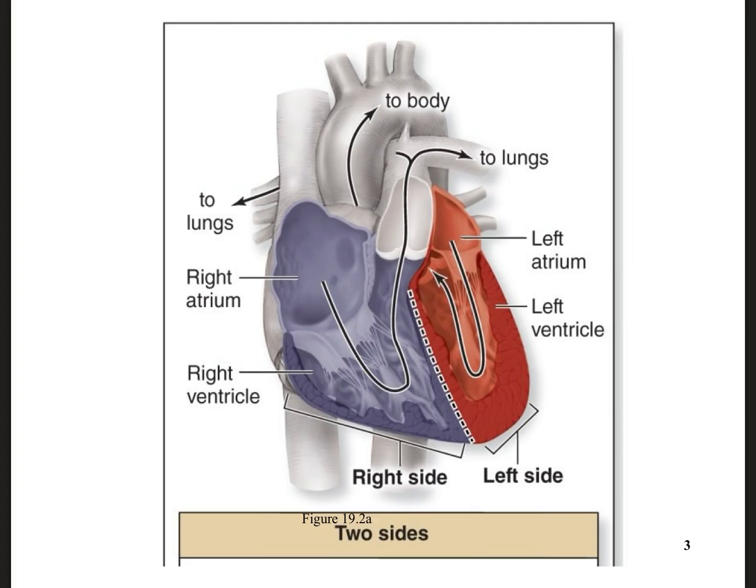All right, there's 4 chambers that make up the heart, 2 on the right and 2 on the left. Okay? Your right side of the heart is actually shaded here in blue, indicating what type of blood? Deoxygenated.